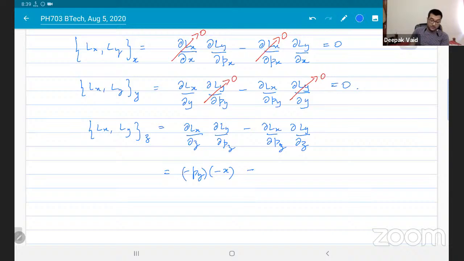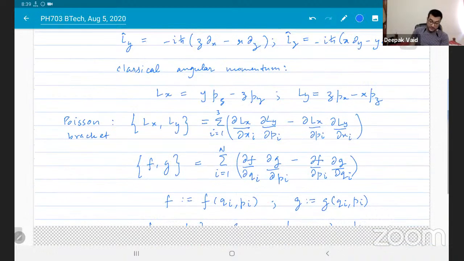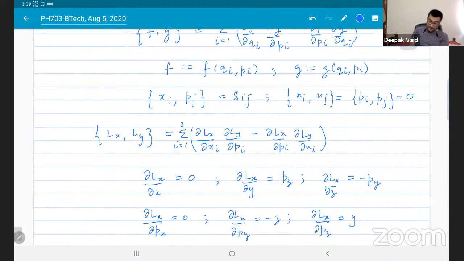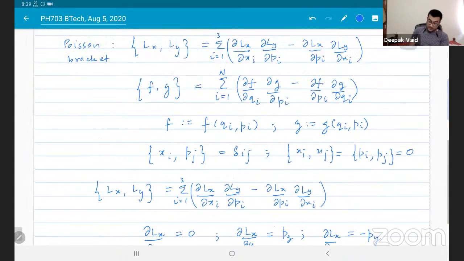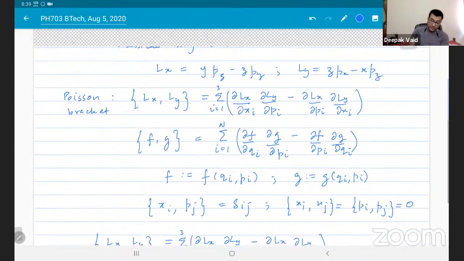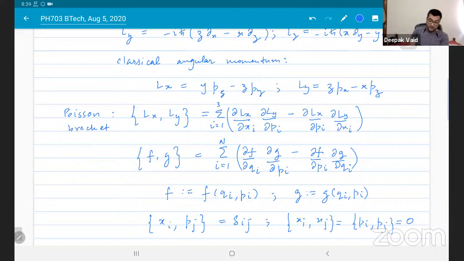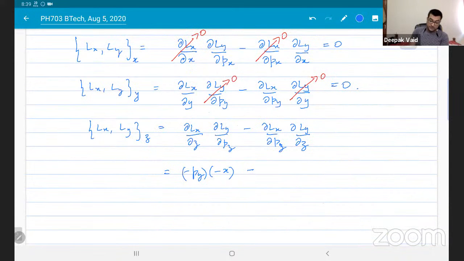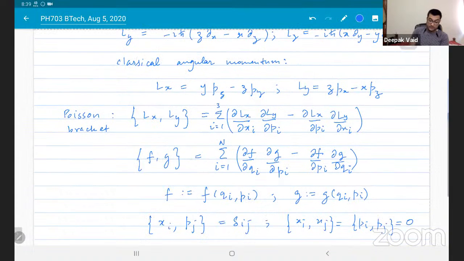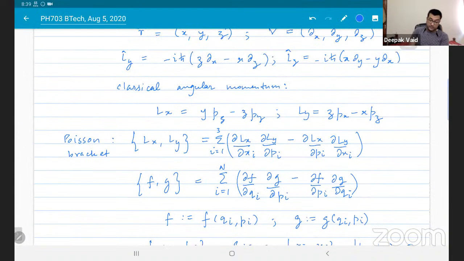And the same thing, dLx by dpz is y. And then dLy by dz will be px.